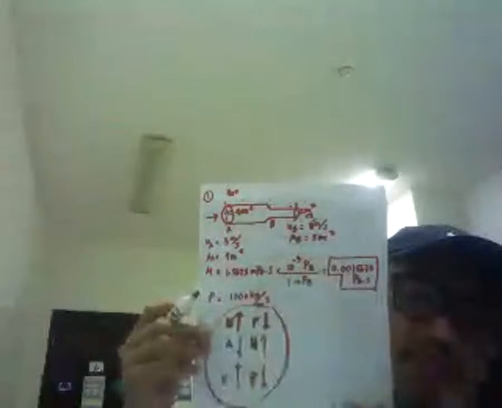So number one, basing on our drawing, we are done with the concepts and given. So let's go to the required. The required are those we need to answer in the problem.